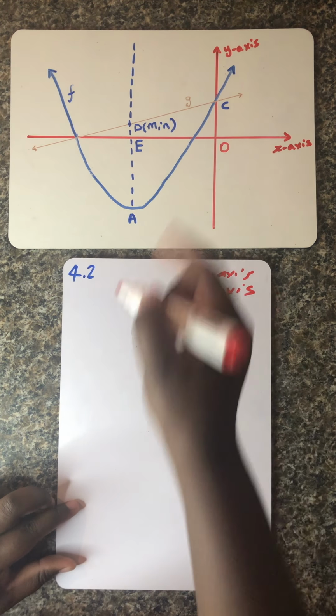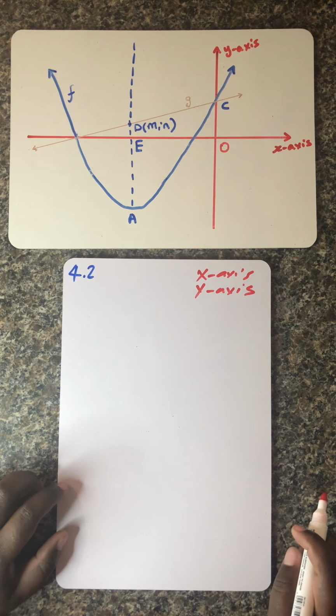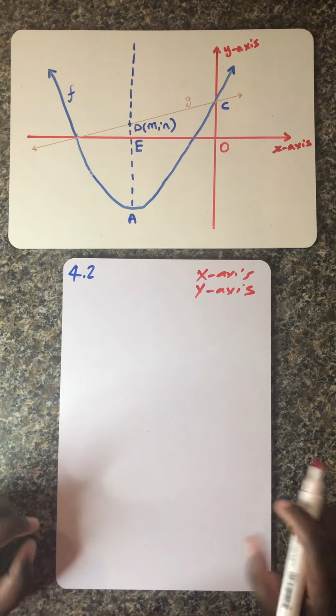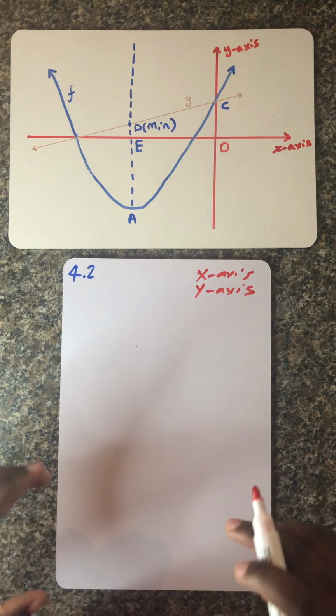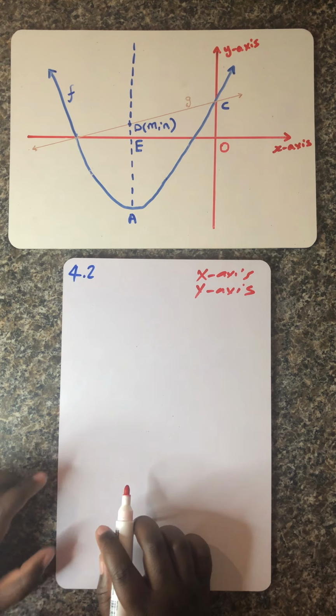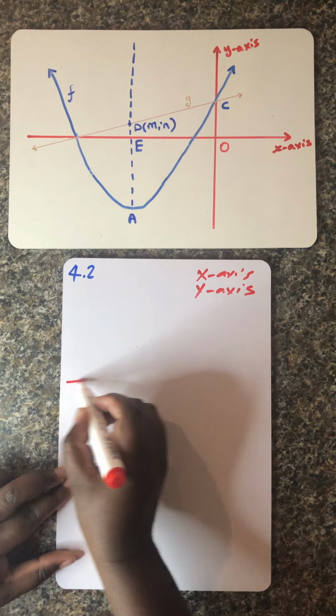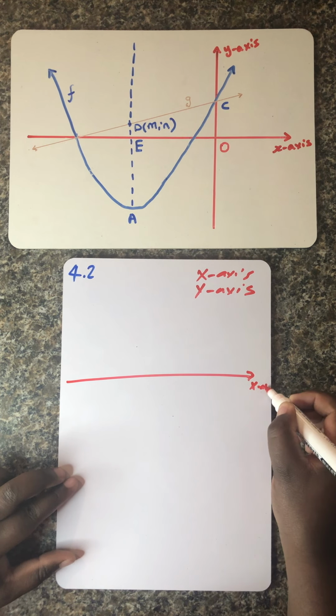That's why on my sketch there, I drew a set of axes in red so that you are able to see. So guys, when you're given a sketch or a statement and you want to practice, just redraw the sketch with a different pen, and use that different pen to draw your set of axes.